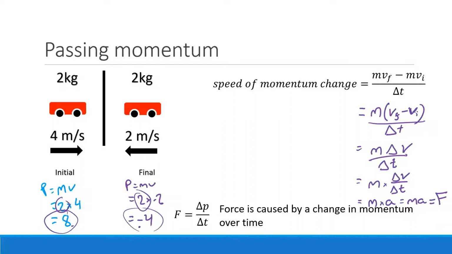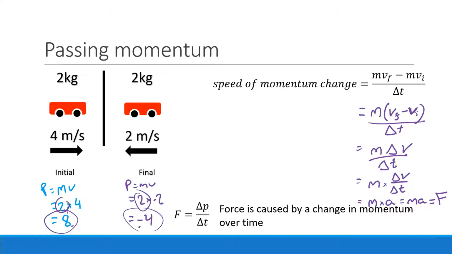In fact, from what I understand, when Sir Isaac Newton first came up with Newton's second law, he didn't say force is equal to mass times acceleration. He said force is a change in momentum over time.